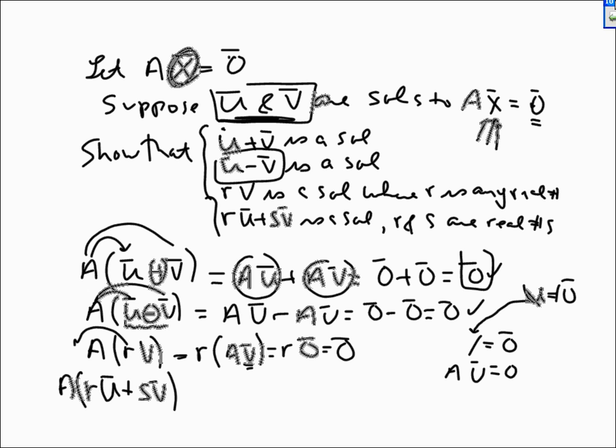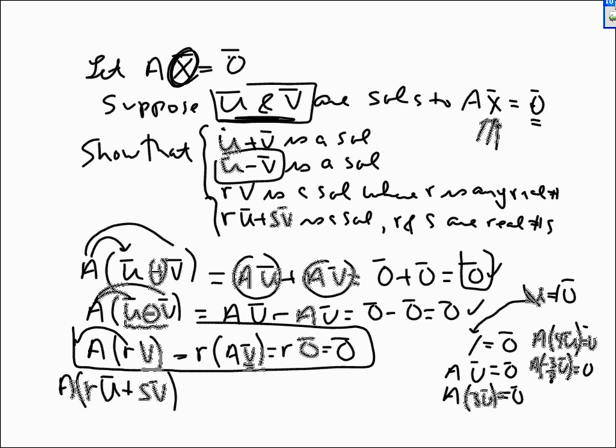But if Au equals 0, well then there are others. 3u is different than u, and this also equals a 0 vector. And A times 4u is a solution. And A times negative 3 over 8 times u is a solution. Any multiple, if u is a solution, or if v is a solution, we show that rv is also a solution.